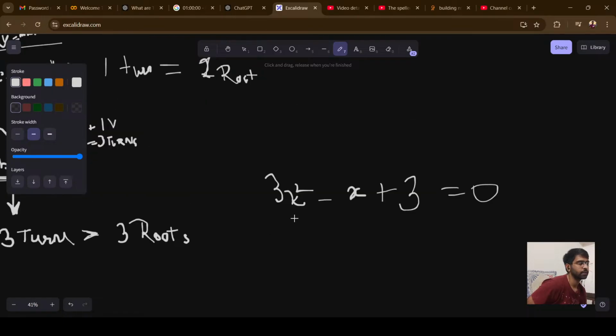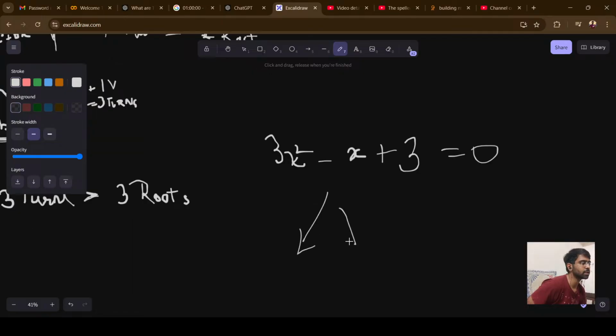I'm just randomly writing it down. So the roots of this equation, is x equal to 1? No, x equals 0. x equals 0 can be the root, obviously.